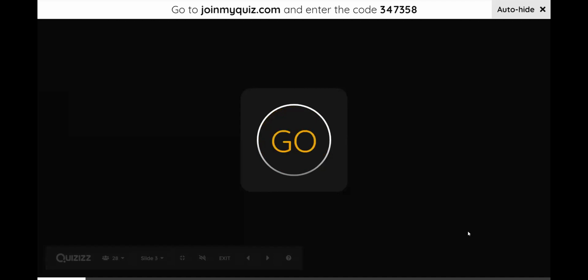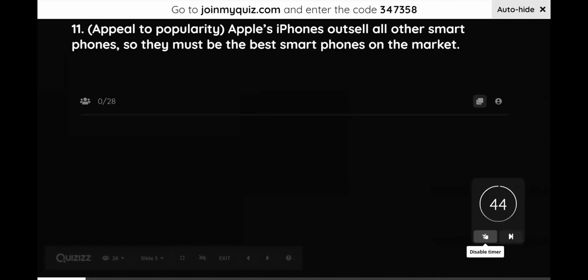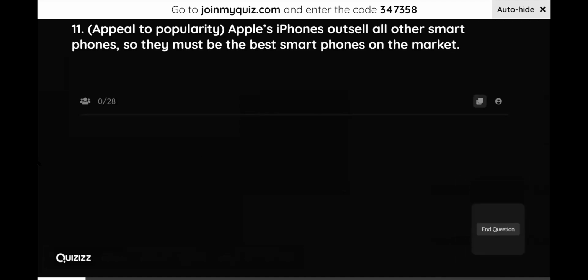Turn the timer off. Okay, appeal to popularity. So is this one where they want you to make one of your own? It cuts it off on here for some reason. I'm on my computer, but it doesn't on your phone or mobile device, whatever you're using. It's saying describe how it started. I gotta refresh.